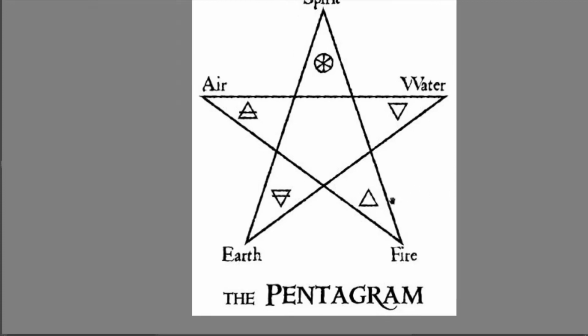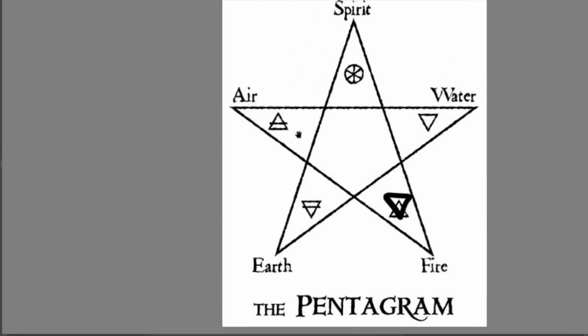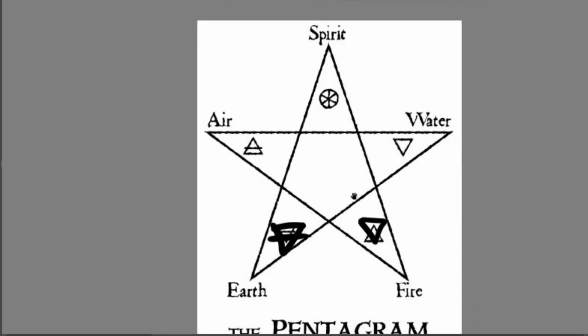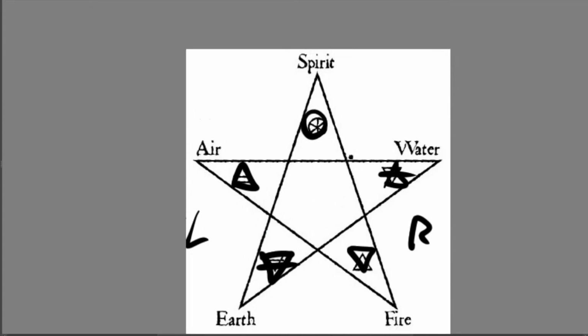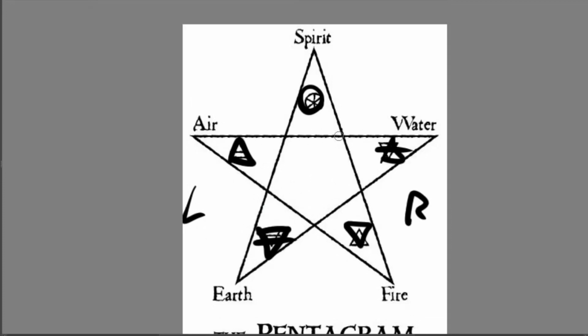I would see water and earth down here, that's fine, and then air and fire, which ones would be which? If this is the left side and this is the right side, I would probably have fire here and air here. Maybe. Probably, because again, the heart is more related to there. And then of course, this is fine to have as spirit. So whatever you want to use is up to you.